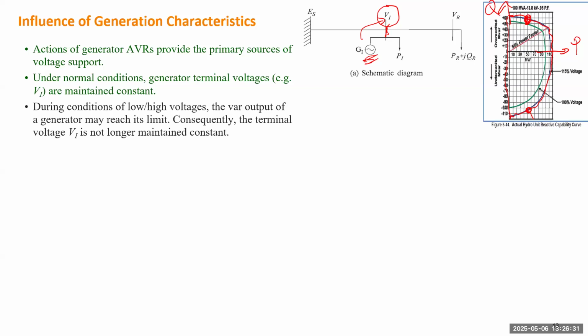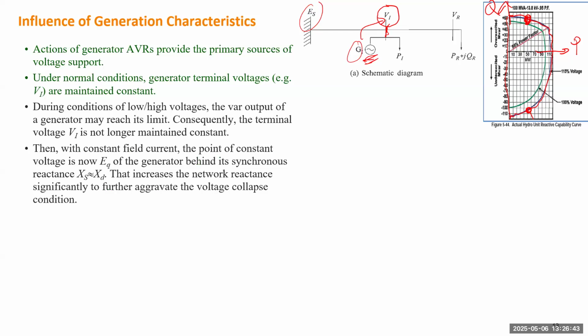So now the constant voltage source will become either this ES, which is the remote bus, which can be considered an infinite bus, or maybe something inside of the generator. So let's see, if the field current reaches the limit, the field current will become constant. So right now the constant voltage will be EQ.